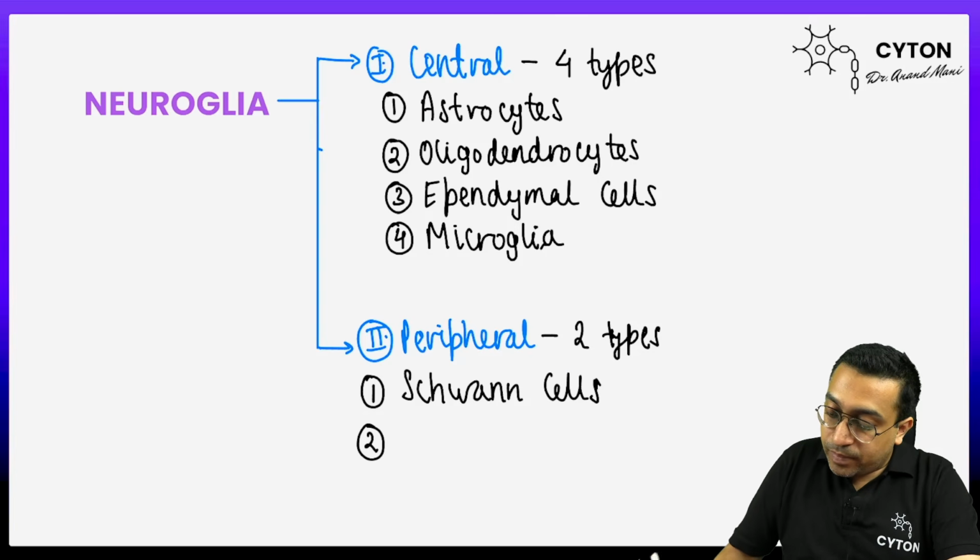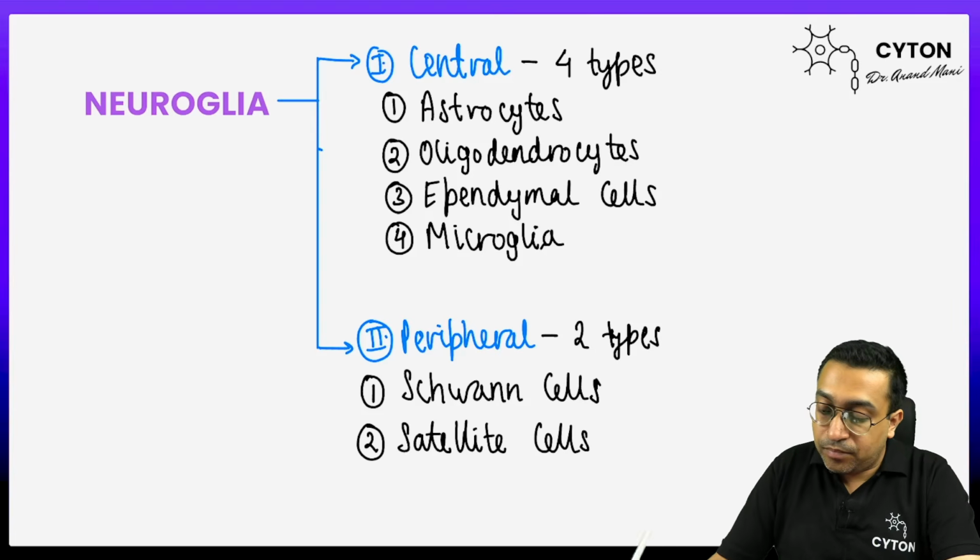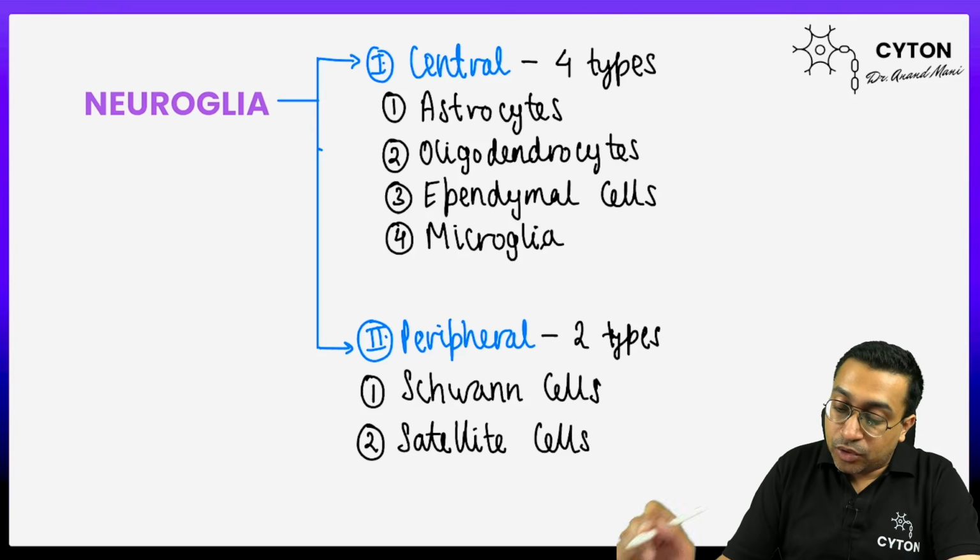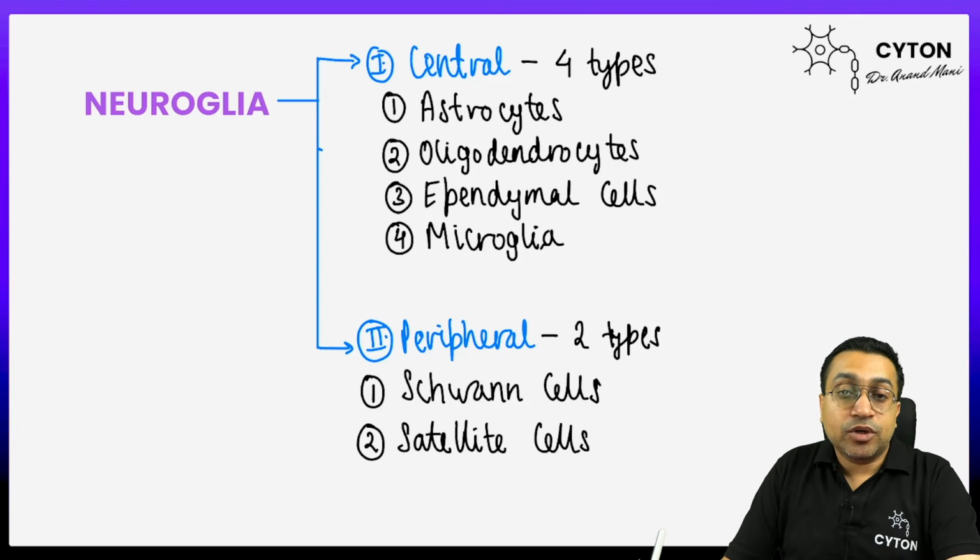Schwann cells. And then you have satellite cells. Now let us discuss them one by one to understand how these are important for the body and where they are present. That is also very important.